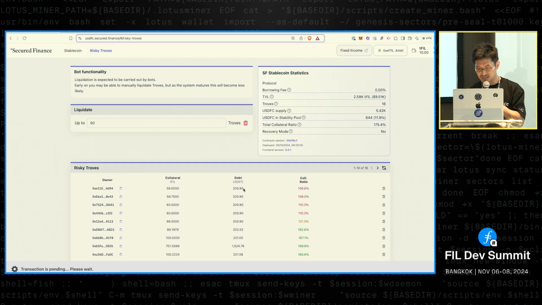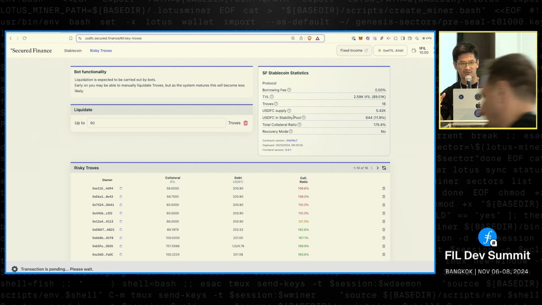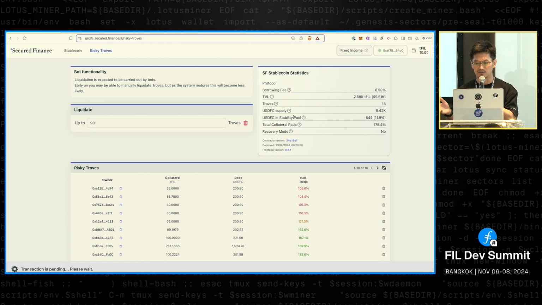This USDFC will be repaid, used by this stability pool, and instead this collateral, 58 T-FIL, will be brought into the stability pool. So someone who contributes liquidity in the stability pool technically buys the T-FIL at a discount. It's like 6% more in dollar terms. That's how the liquidation works on our protocol.